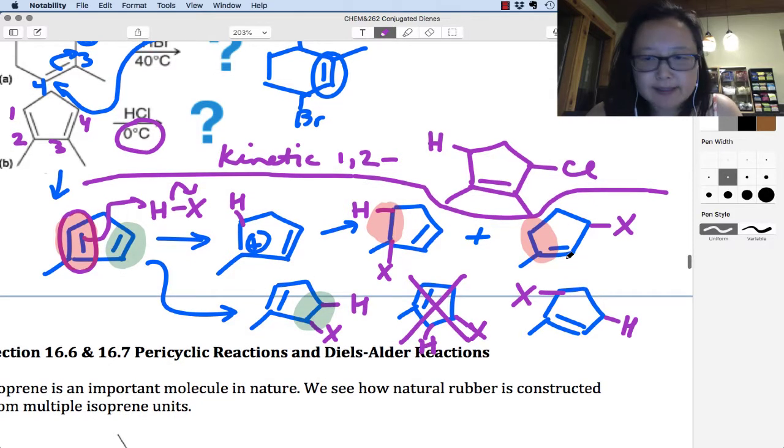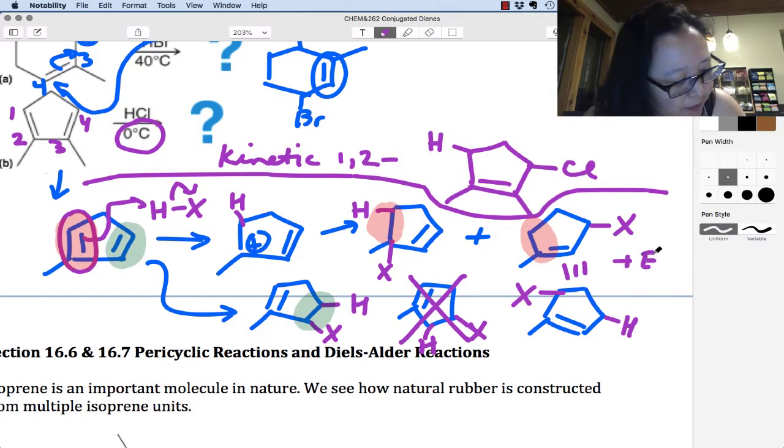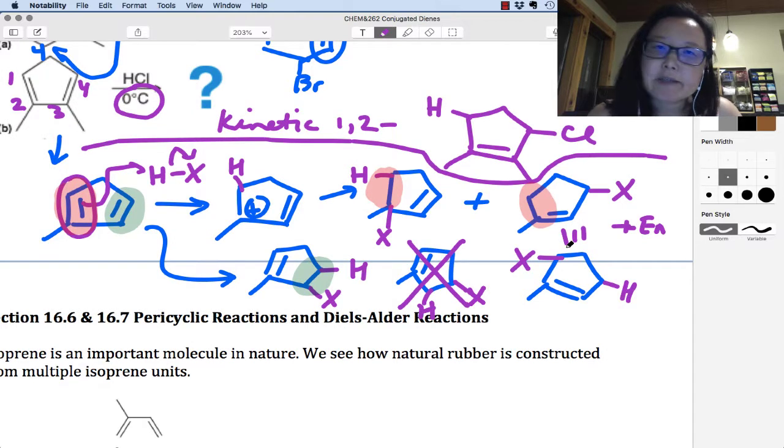So these I would consider the same molecule, and you're going to have enantiomers of both of them. So you're going to have this plus the enantiomeric pair of those. And then here, you're going to have the same thing as here, right? So it turns out that you end up with these 2 products anyway, plus the enantiomers of these. So 3 products total.